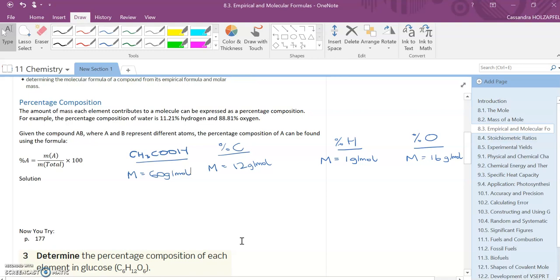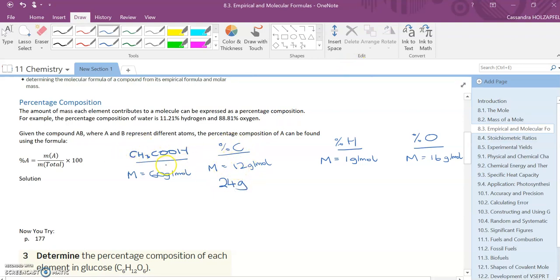percentage. So for example, I've got an example here with CH3COOH, and I want to work out the percentage composition of each element within that. So I've got 2 carbons in this compound, and each carbon atom has a molar mass of 12 grams per mole. So that means I'll have 24 grams of carbon in total in 1 mole of this substance.